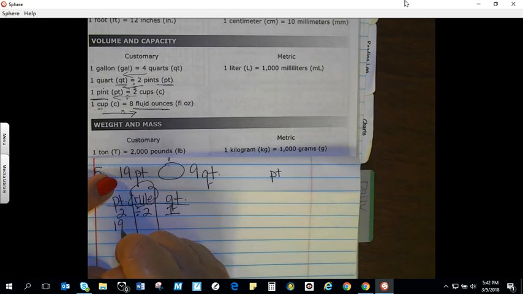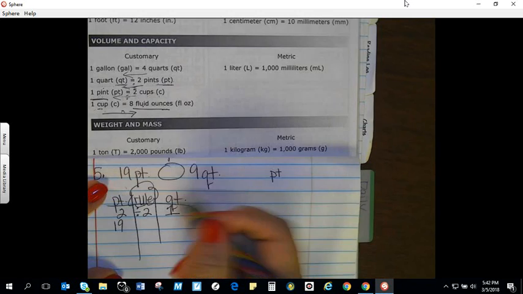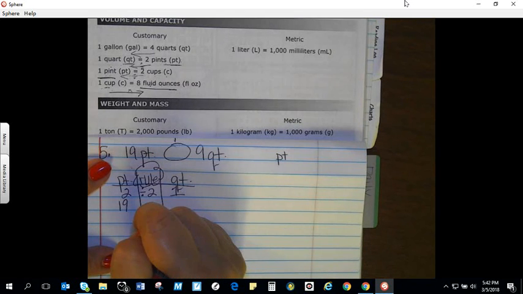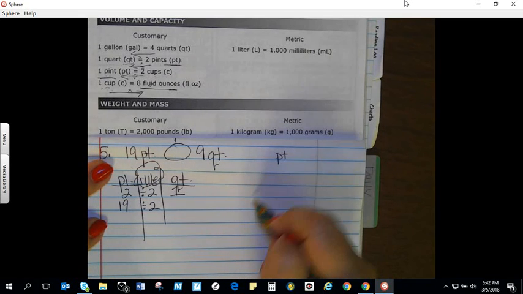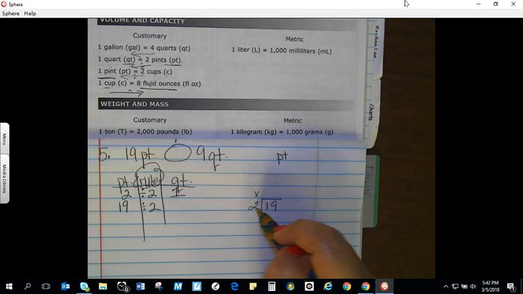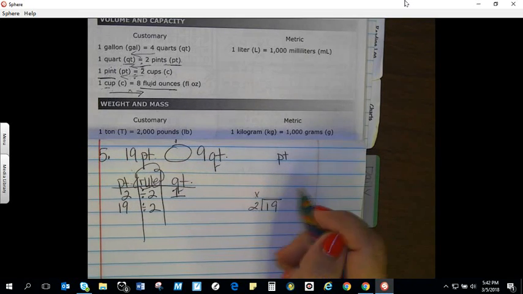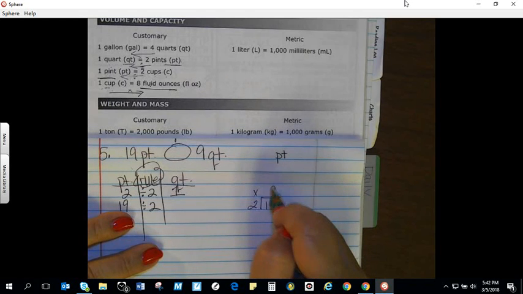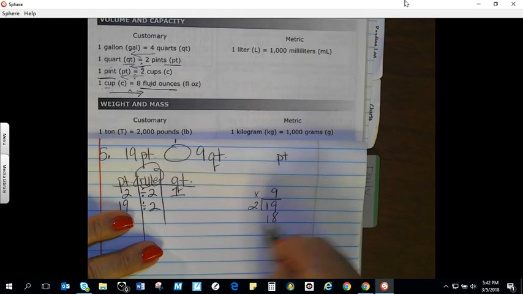So now I was given 19 pints. Uh-oh. Is it going to be divided equally? Nope, because I'm asking to divide it in half, and it's not going to. So I know that 2 goes into 19. Well, 2 times 7 is 14. 2 times 8 is 16. 2 times 9 is 18.